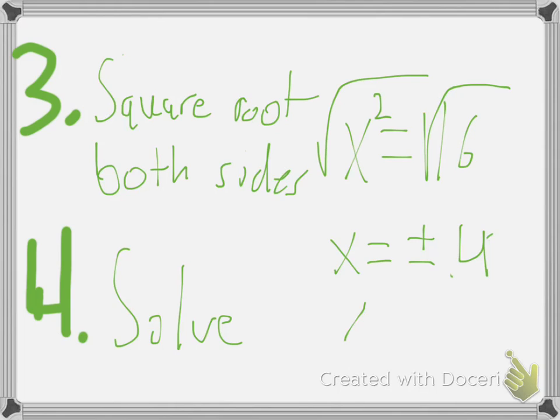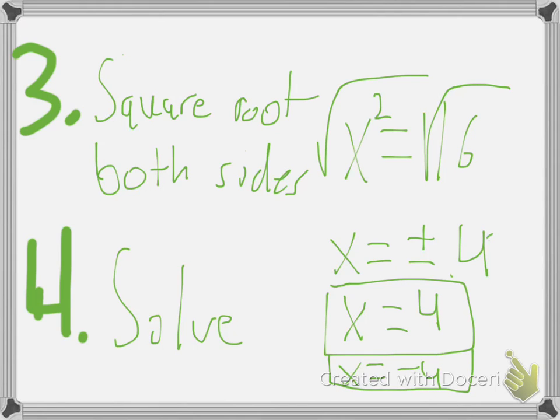After this, we solve. So one of our solutions is going to be x equals 4, and our second solution is going to be x equals negative 4. These are our two solutions to our square root method equation.